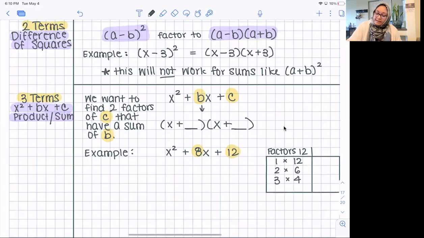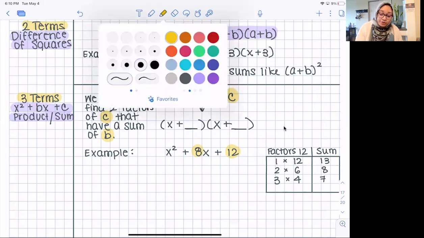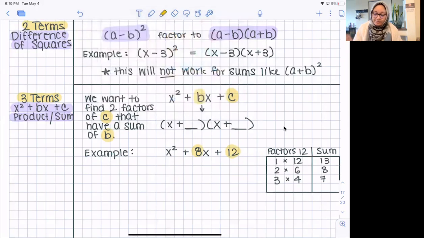Okay, and now I want to figure out what the sums of these factors are. So if I add them up, 1 plus 12 gives me 13, 2 plus 6 gives me 8, and 3 plus 4 gives me 7. Okay, and the factor of 12 that adds up to 8, which is my b, is this one.